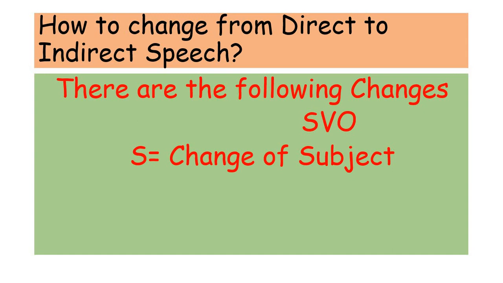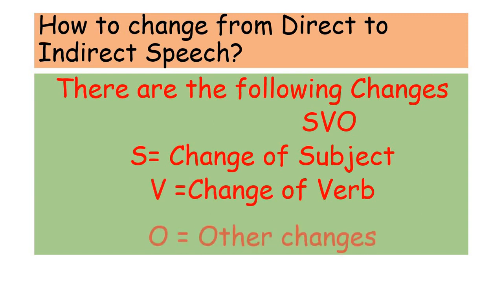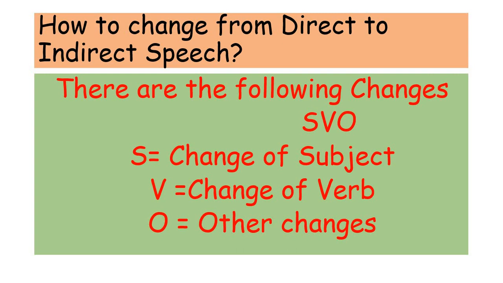Then V stands for the change of verb, and then O stands for the other changes we make in the sentences when we convert from direct to indirect. So these are the changes that we are going to discuss here in our video.